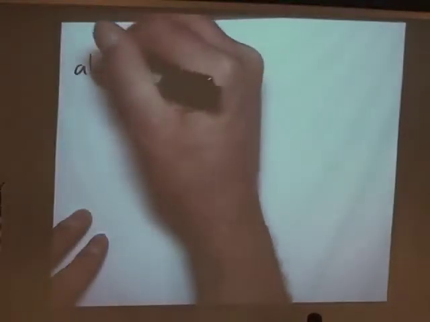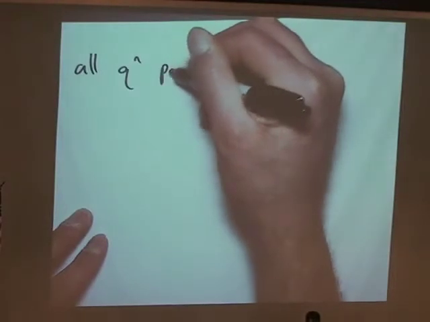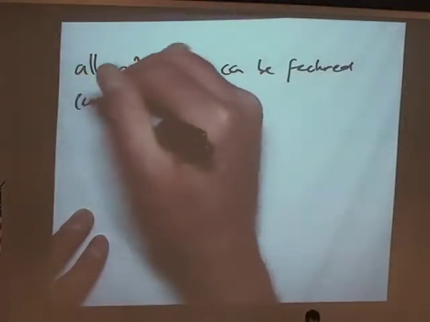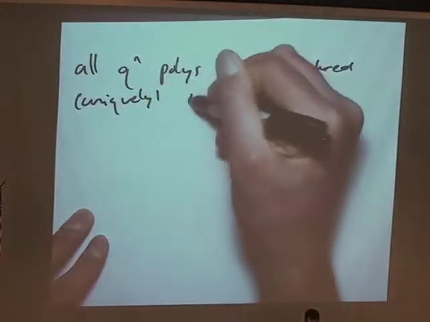So the point is that any polynomial whatever can be written as a square-free part, basically all the irreducible factors that appear to an odd degree, you take one of each, times some square of whatever degree. There are q to the n polynomials in all, so all q to the n polynomials can be factored, and indeed can be factored uniquely in this way.